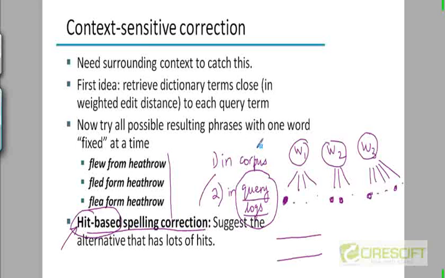So actually it's not important how many times the phrase appears in the corpus as how many times it appears in the query logs, because you're doing spelling correction on the queries, right? You're not fixing spelling mistakes in the documents. So if you're fixing spelling mistakes in the query, it makes more sense to look at the hits in the query logs than hits in the corpus.